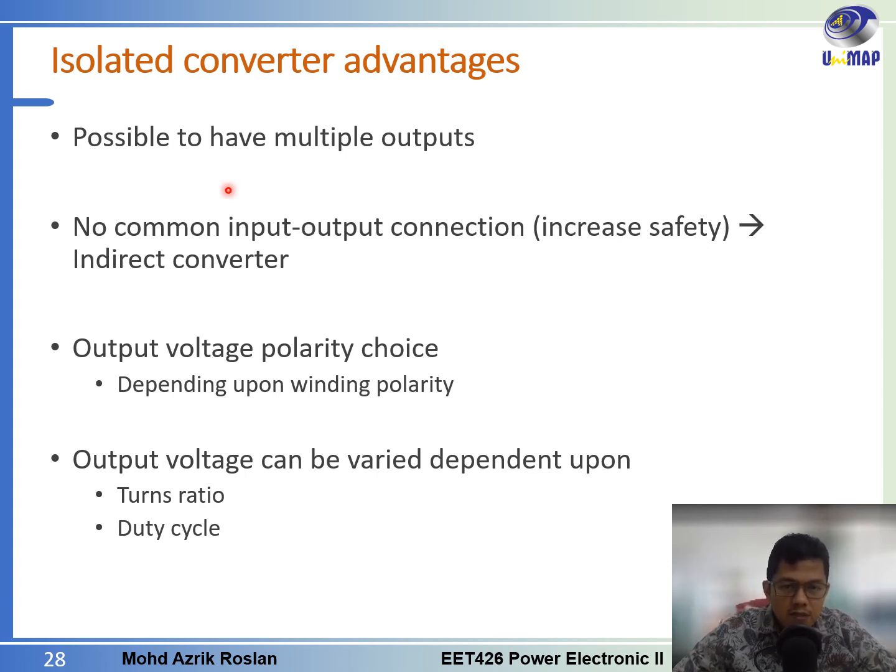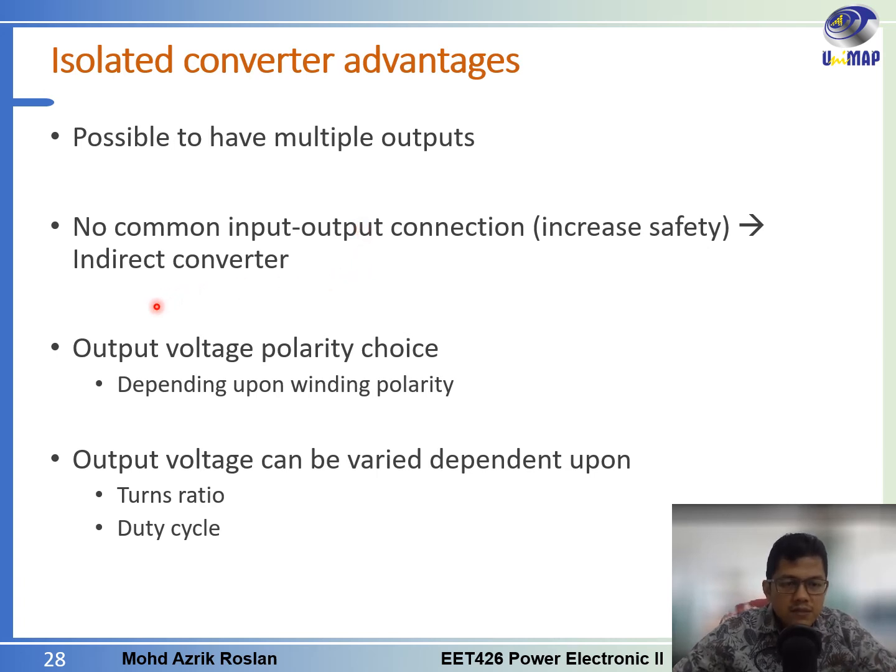The second one is we don't have a common input-output connection, so in terms of safety, if any fault occurs at the input side, we can avoid significant damage to the secondary side, the output voltage side.